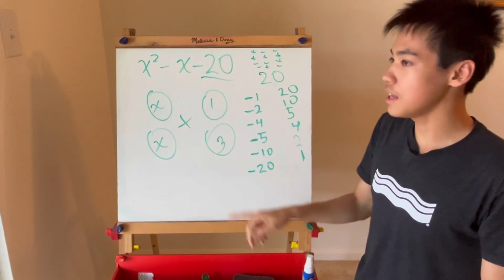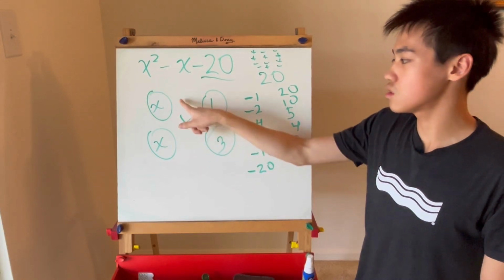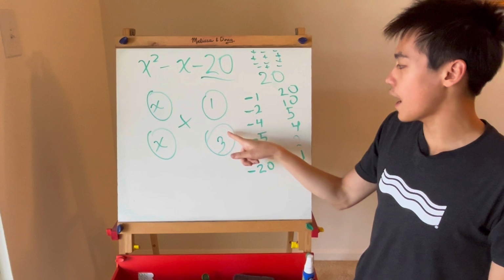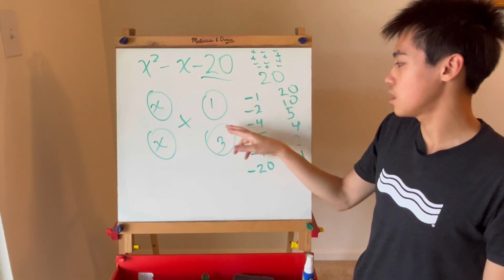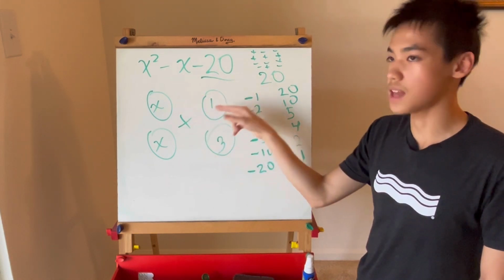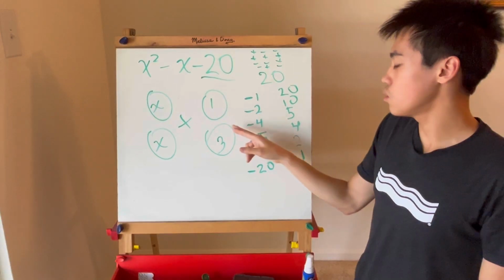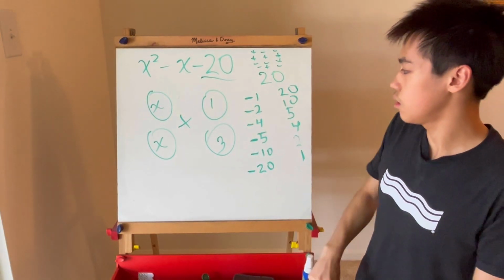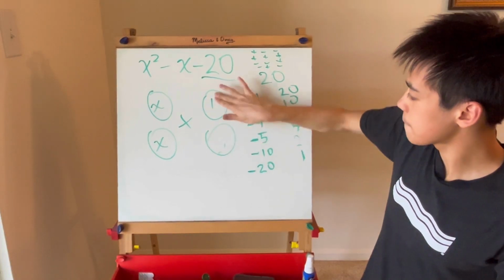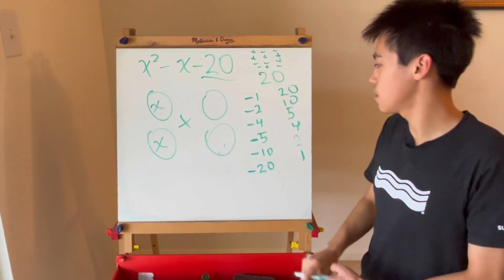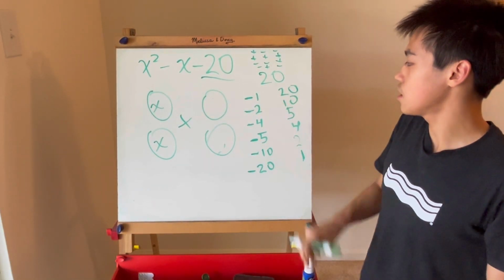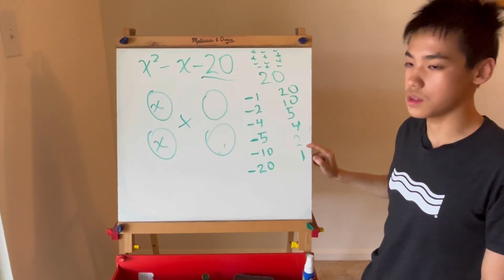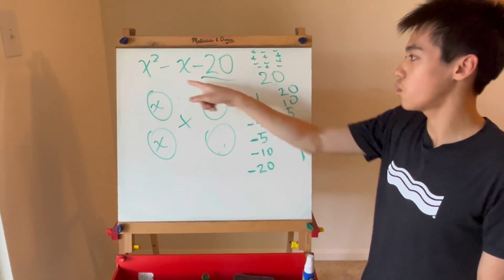So in general, if we have just two simple x terms on the left-hand side, we're going to have an x term resulting from this diagonal sum to be the sum of these two numbers over here. So considering this fact, we can just simply sum up all pairs of these numbers and see which one produces -1.